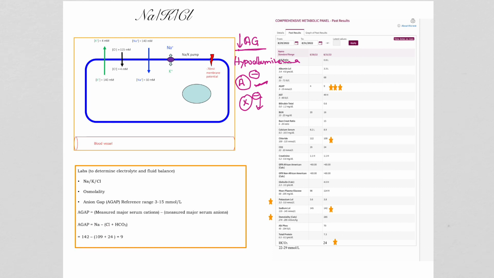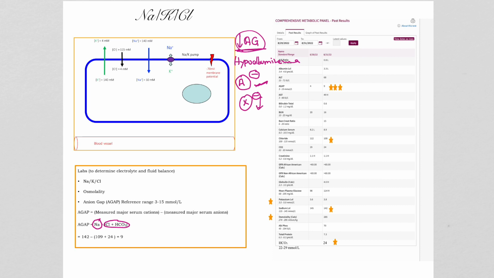So another reason for a decreased anion gap, besides decreasing the unmeasured anions, is to actually increase serum cations.